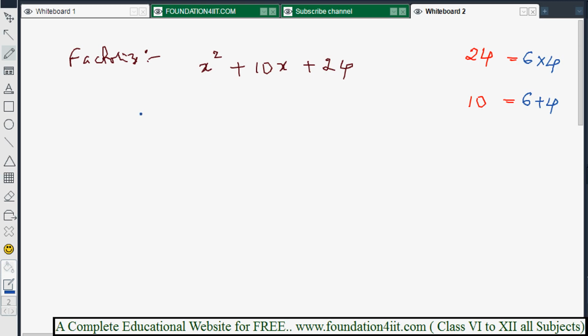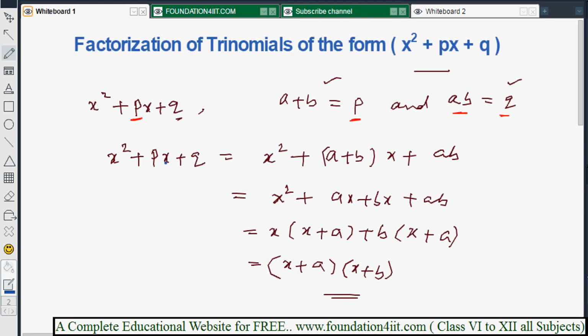That's it. Once you find that, in the place of 10x, in the middle, in the place of p, I took a plus b, that means ax plus bx separately.